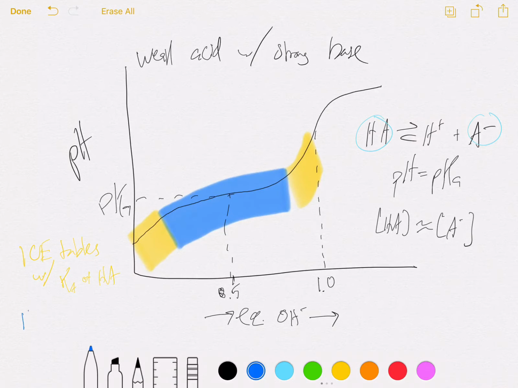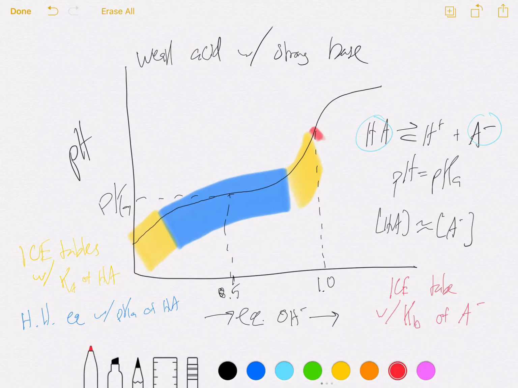In blue, you can use the HH, the Henderson-Hasselbalch equation, with pKa of your weak acid. And then in the region right at the equivalence point, you're also doing an ice table, but that is an ice table with the Kb value of your conjugate base.